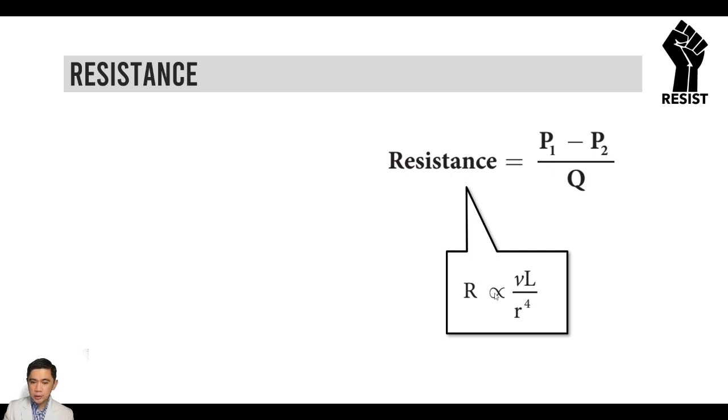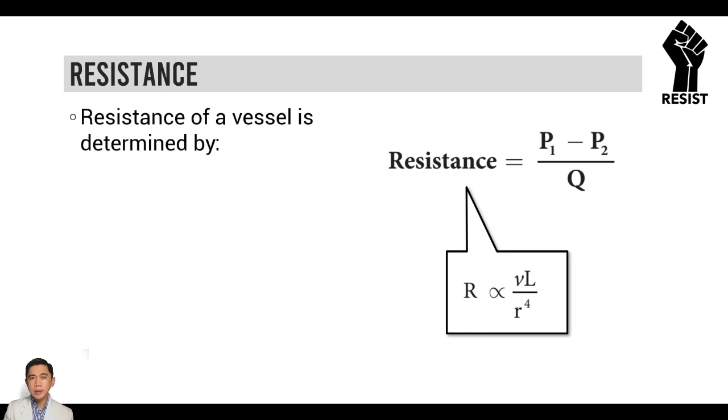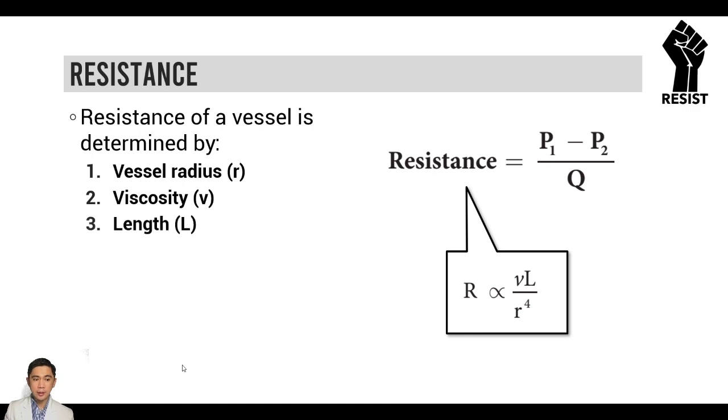So resistance is directly proportional to the viscosity of the fluid and the length, but it is inversely proportional to the radius of the vessel raised to the fourth power. So to summarize, resistance of the vessel is determined by vessel radius, viscosity, and length.